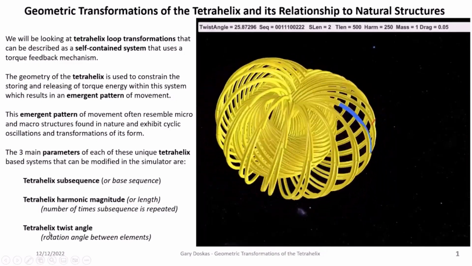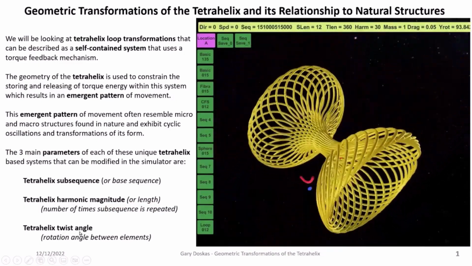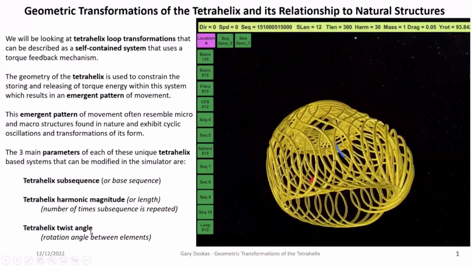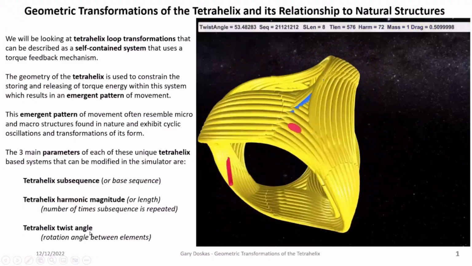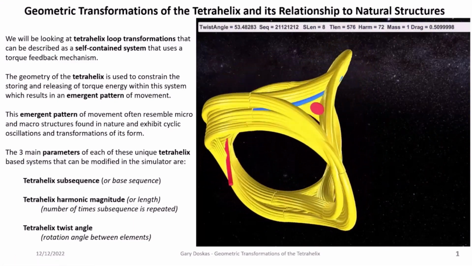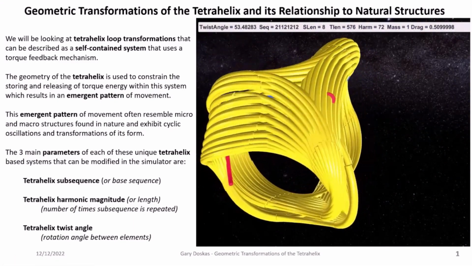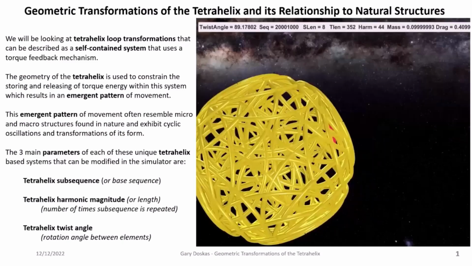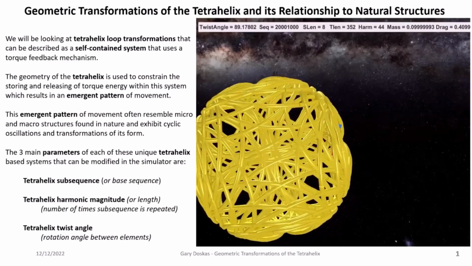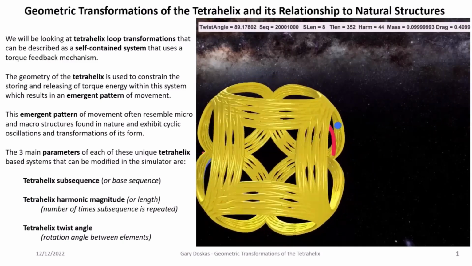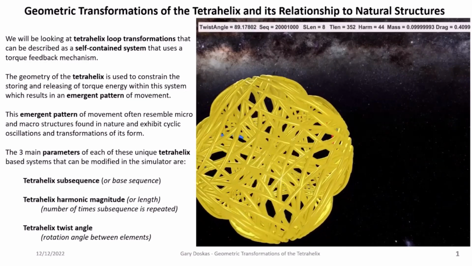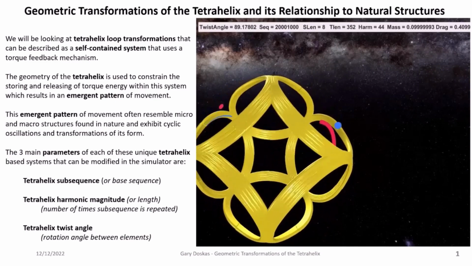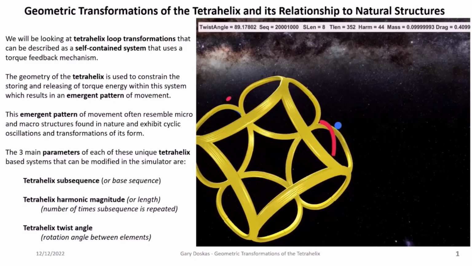And then the twist angle between the elements of the Tetrahelix can be changed and rotated in various ways. Those are the only three parameters that I play with in this simulator. The movement itself is all emergent from the loops that are created in these simulations, and they often resemble some interesting structures that I come across in the discovery phase.